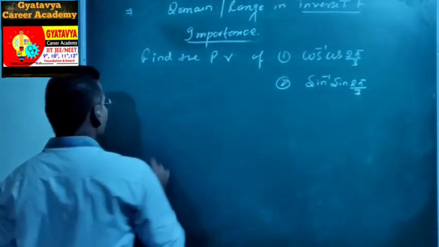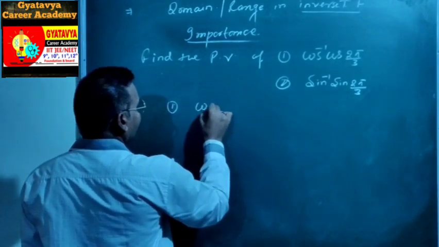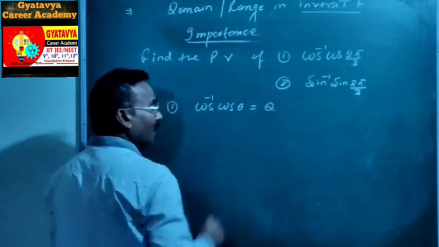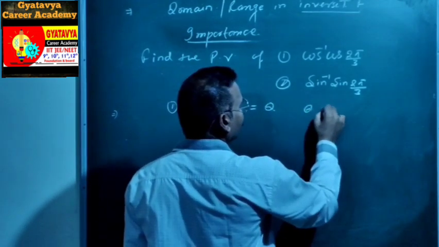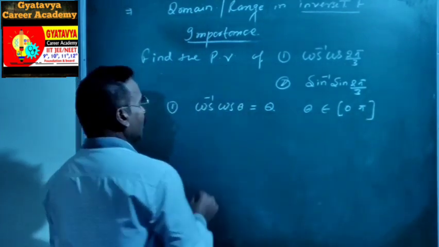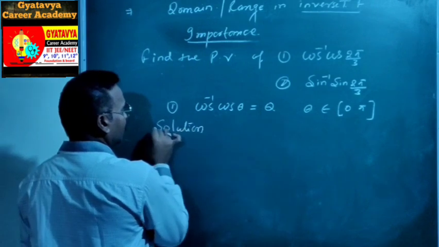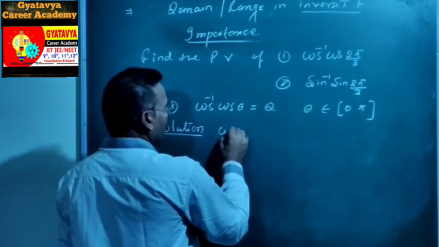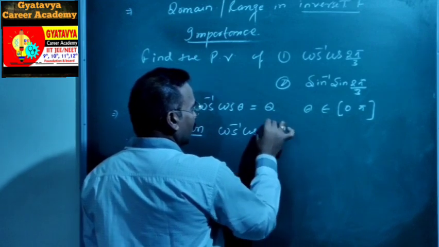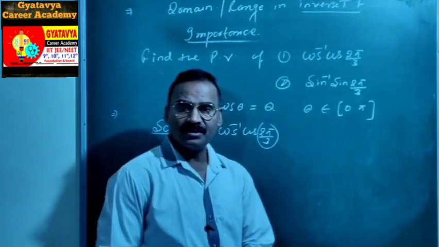Okay, now since cos inverse cos theta is equal to theta if theta belongs to 0 to pi, the solution of the first question, cos inverse cos 2 pi by 3: tell me, does 2 pi by 3 belong to 0 to pi?